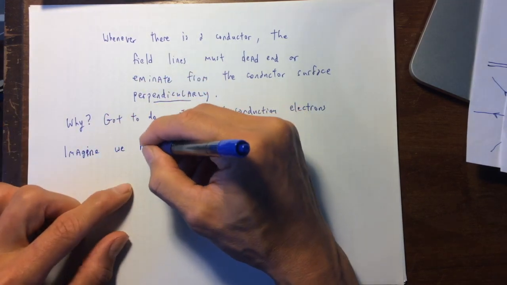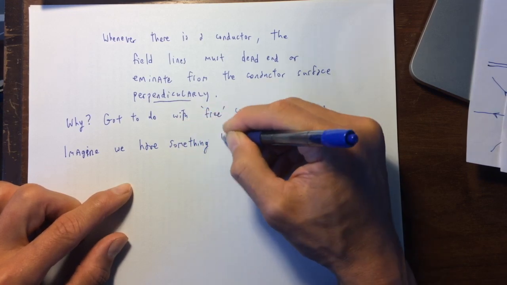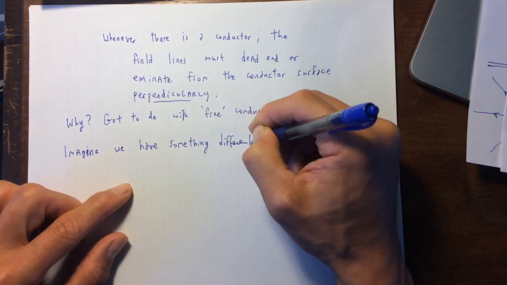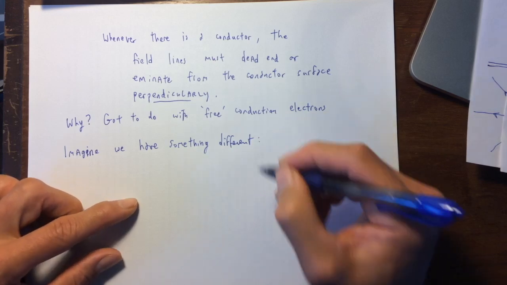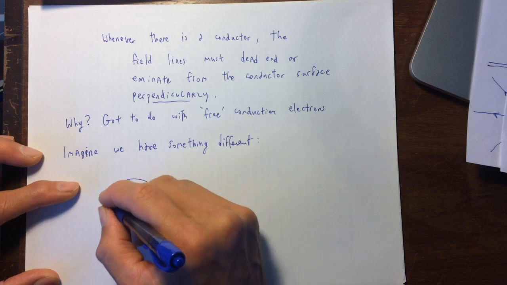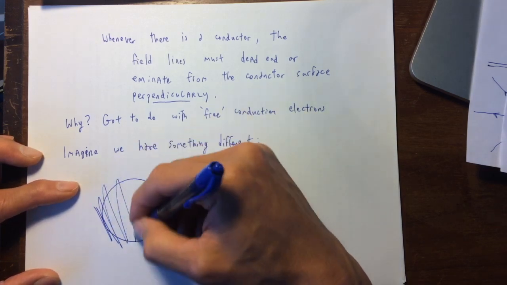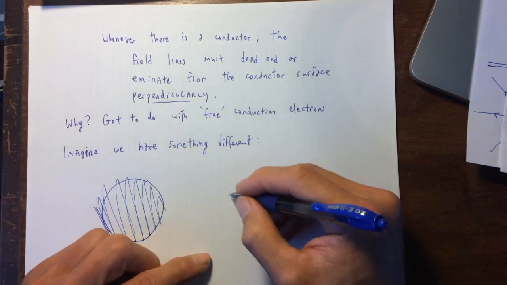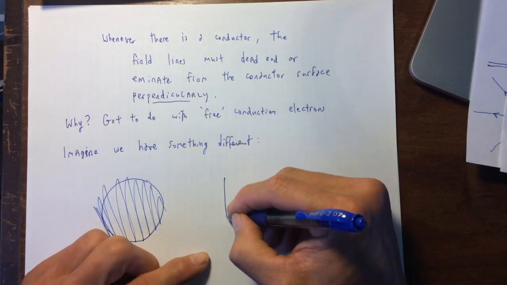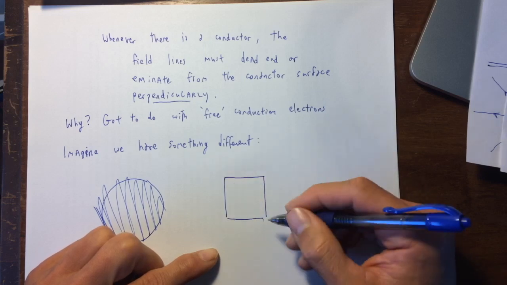we have something different. And what I mean by something different is here is a conductor. Actually, scratch that. I always end up doing this. What if I have a conductor in the shape of a cube?